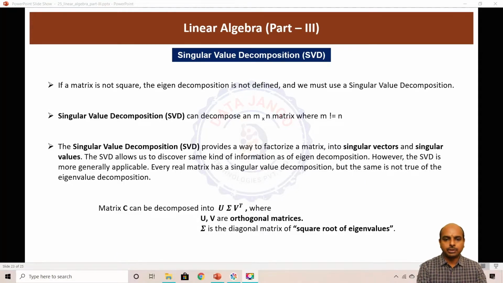Singular value decomposition provides a way to factorize matrices into singular vectors and singular values. The SVD allows us to discover the same kind of information as eigen decomposition. What are you finding in eigen decomposition? When you decompose a matrix into eigenvalues and eigenvectors, they give you the essence from data, and eigenvalues tell you how much essence each vector is extracting.